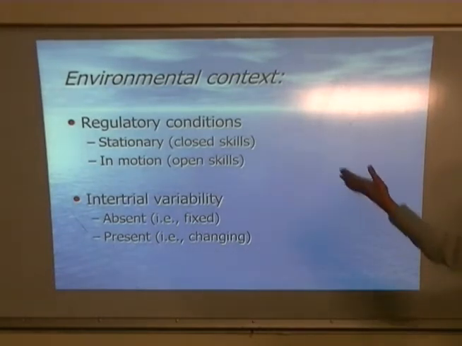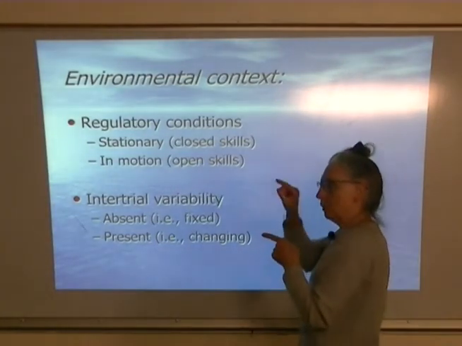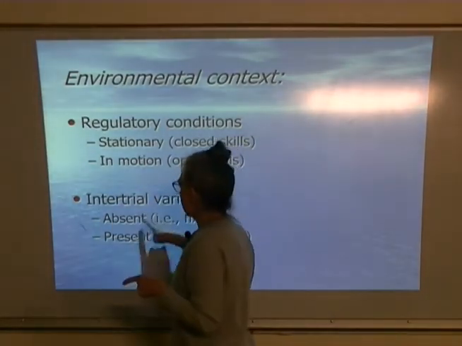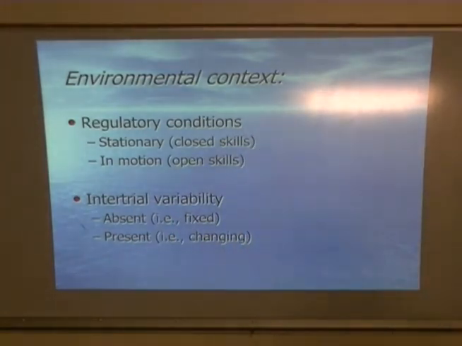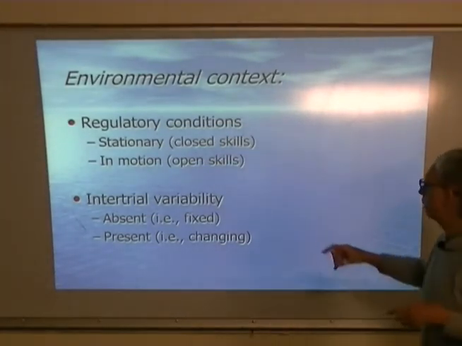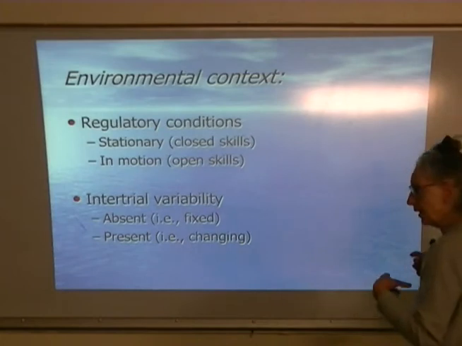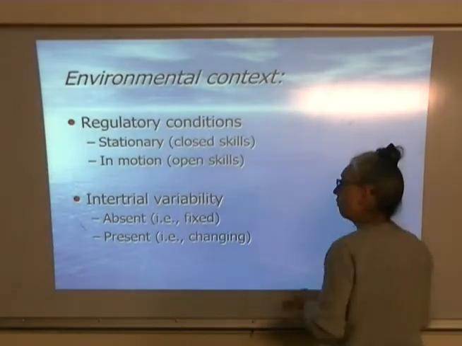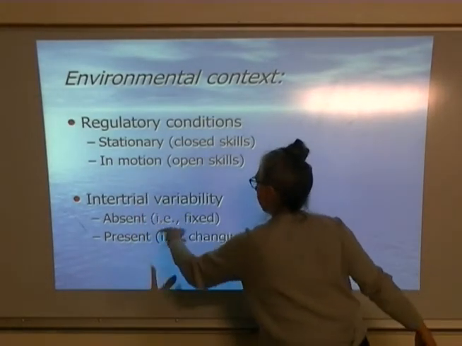If I'm going to hit a ball, the ball has to be moving through the air to come to me. But in that situation with the machine, variability is absent, we hope, if the machine is working properly. Now, if I take the same skill and put it in a tennis game, it's still in motion because the ball is coming from the person I'm playing, but now every time I hit a forehand it's going to be different because there's intertrial variability.